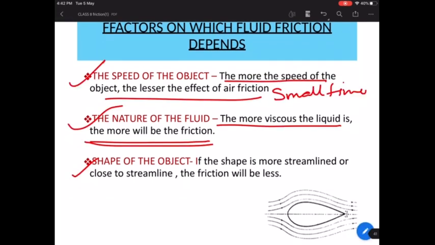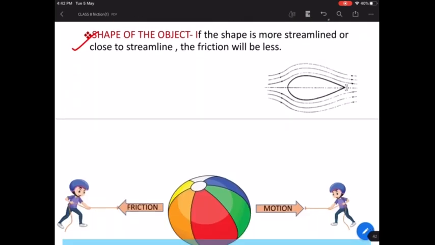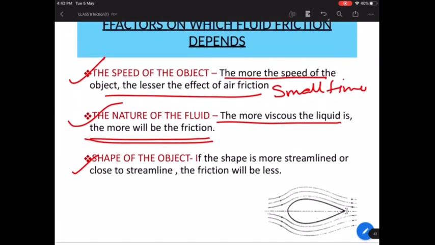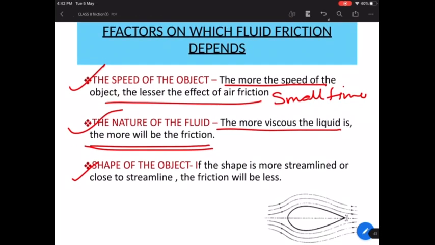So if I ask you, what should be the speed of the object if you want your friction to be low? Your speed of the object should be high. What should be the shape of the object for your friction to be low?